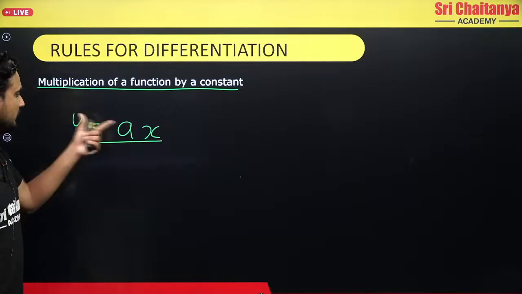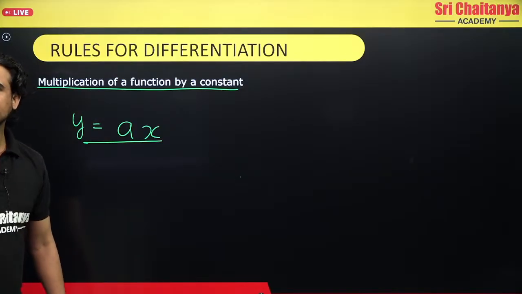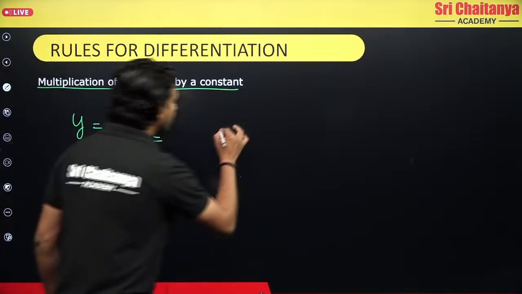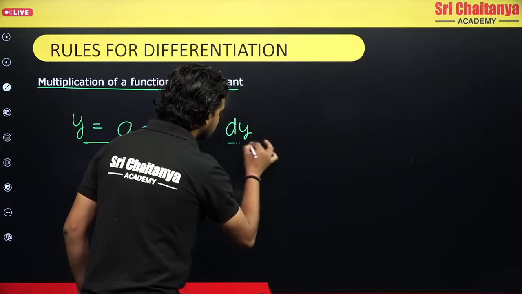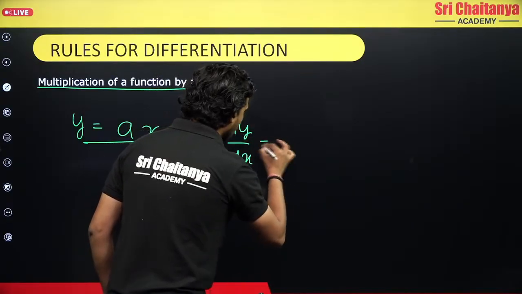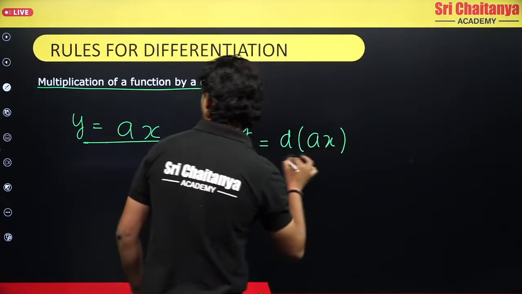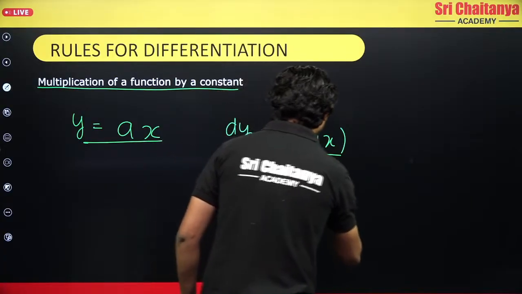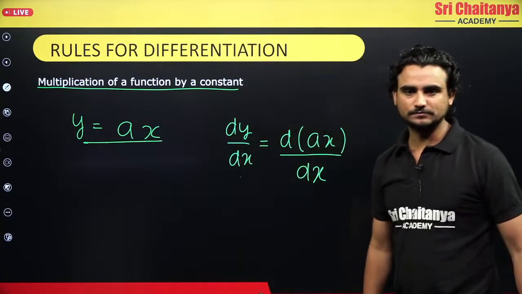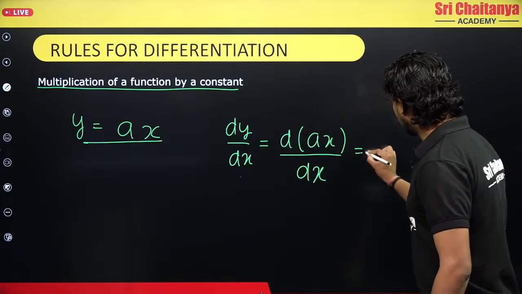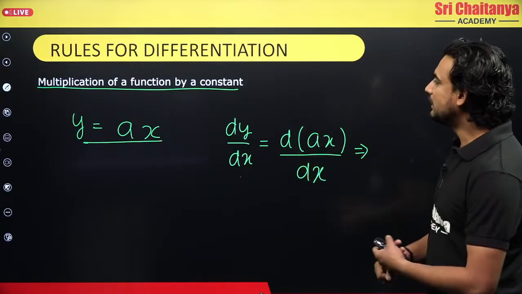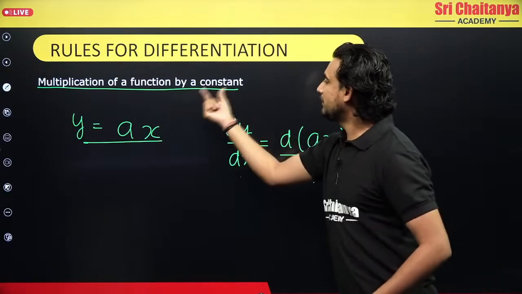If this is the function and I want to find the derivative of this function, I will say dy by dx is equal to differentiation of ax with respect to x. Now what happens when I have a multiplication of a function by a constant?